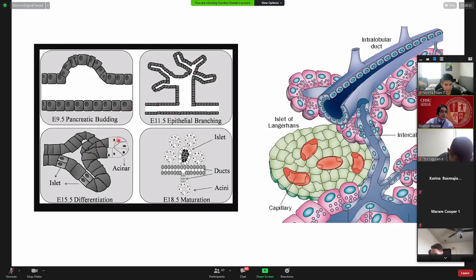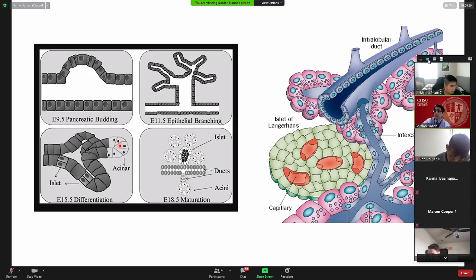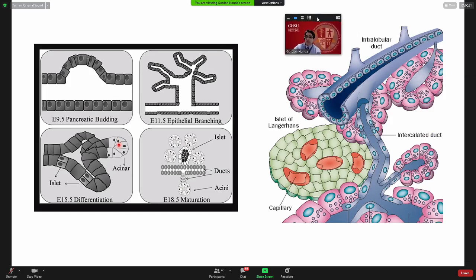Some differentiate actually into the acinar cells. These are the cells that are going to have the zymogen granules. They're going to be dumping all kinds of digestive enzymes into the duct system over here, okay? And also arising from the ducts are the islet cells. So they bud off and they start producing their own clusters of cells, the islets of Langerhans.